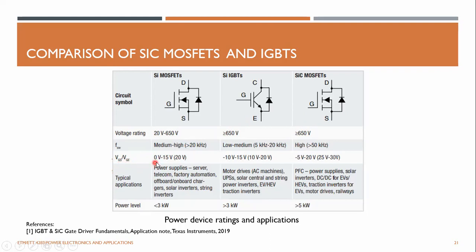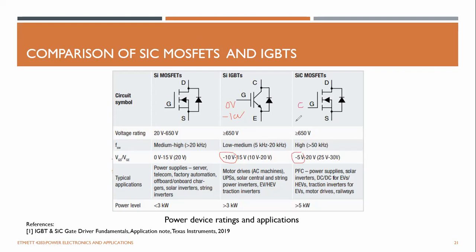The gate voltage is 0 to positive 15 volts for MOSFETs. IGBTs can be driven from negative to positive voltages. In order to turn off the IGBT, you can provide 0 volts, or a negative voltage will turn off the device. For silicon carbide, this negative voltage is for the designers of the gate driver, but silicon carbide just needs a very low negative value.